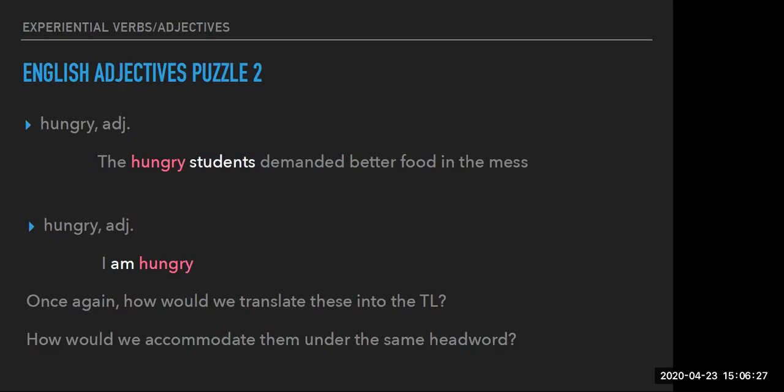So in Tamil, we would say, enakku pasikkudu, right? For me, yeah. You would use a dative subject in Tamil. Okay.